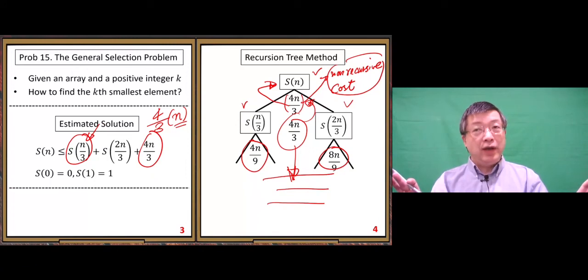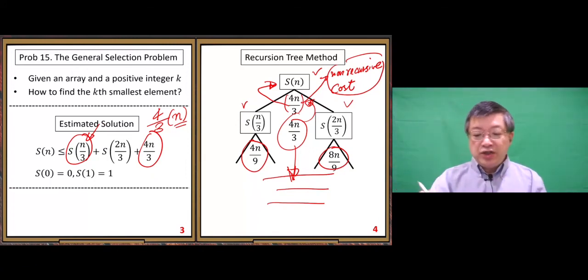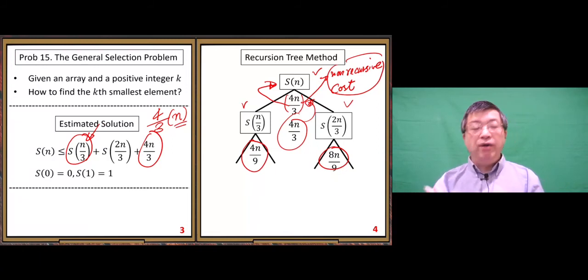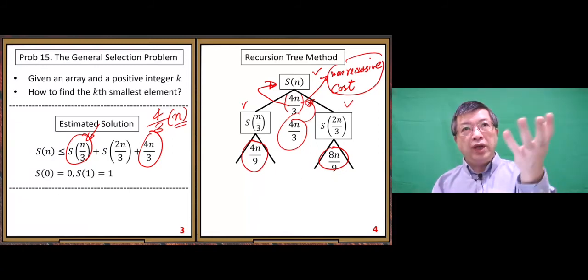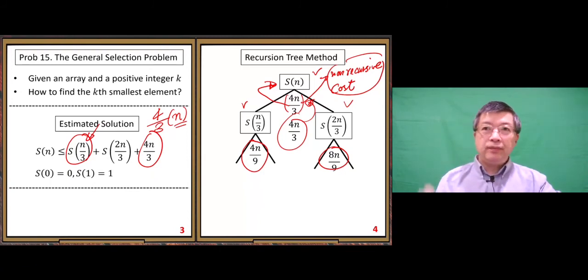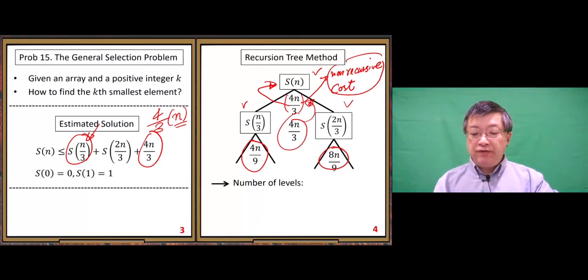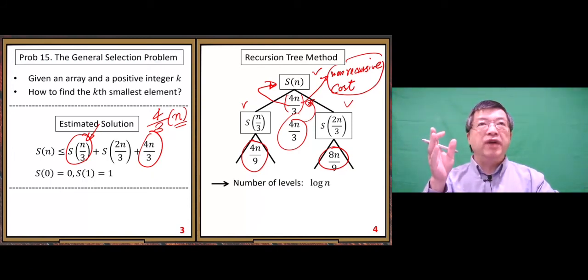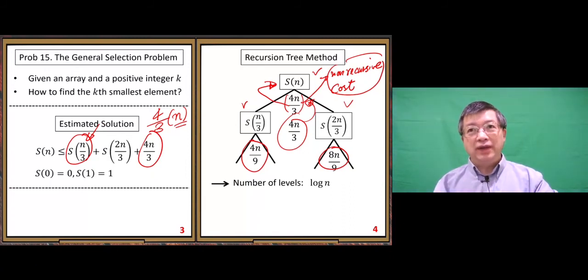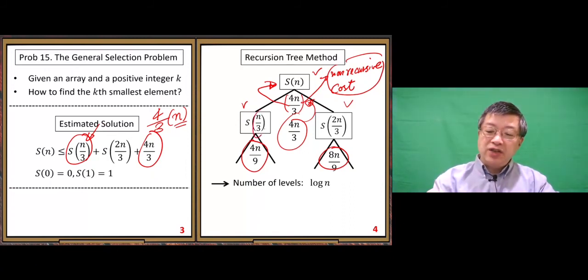We need to stop at some place, right? We will see how many levels we go until we reach the bottom. That number we can estimate. The number of levels is log of n. Why log of n? Let's look at the size reduction from the branches going down. It's n over 3, every time divided by 3.